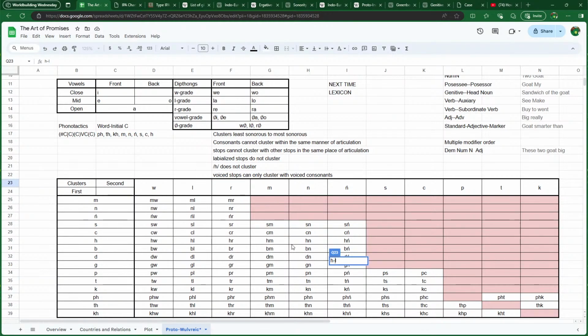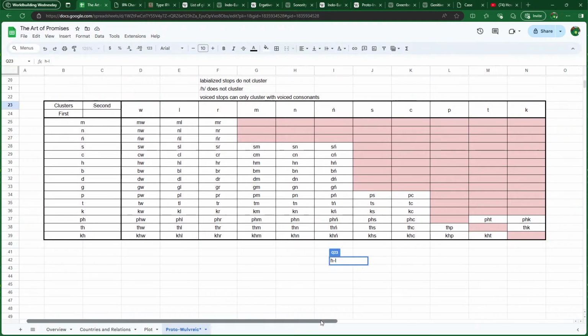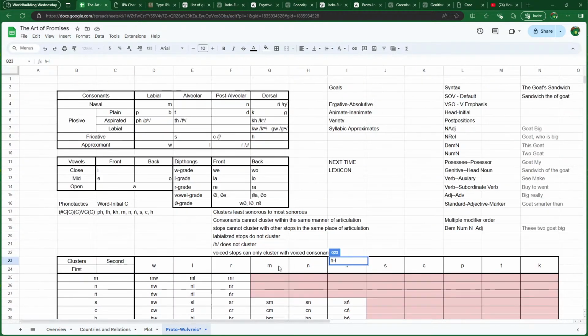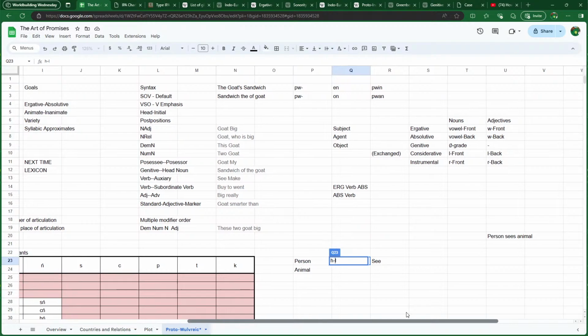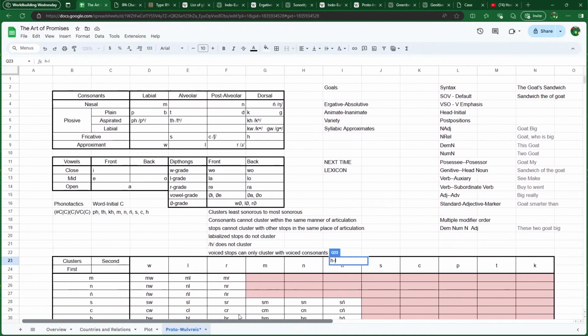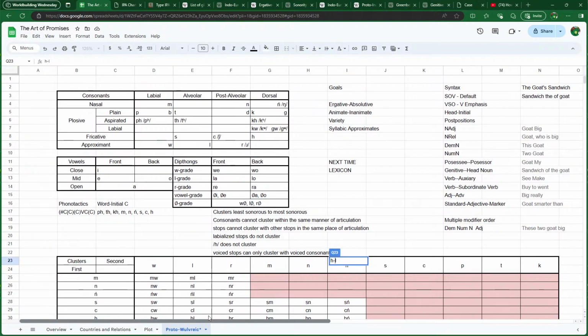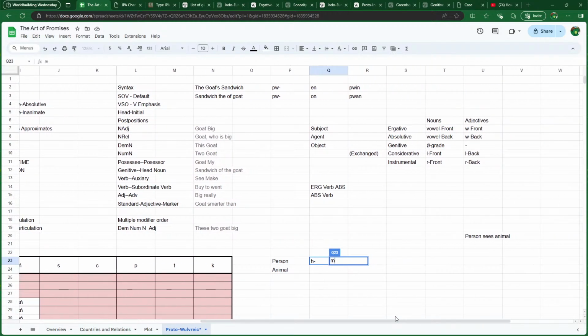For now, I'm going to treat it as, why not just have it as mum?